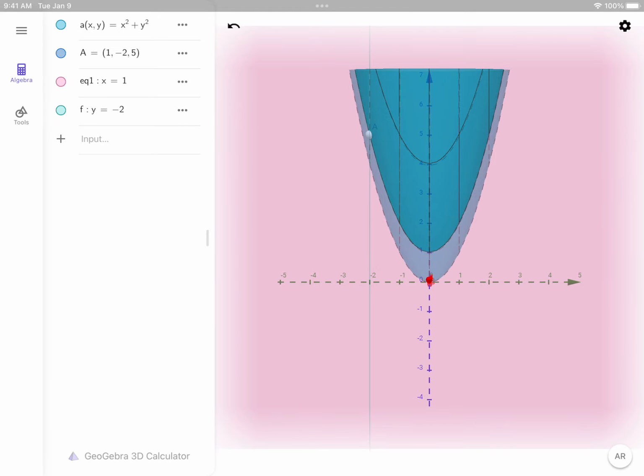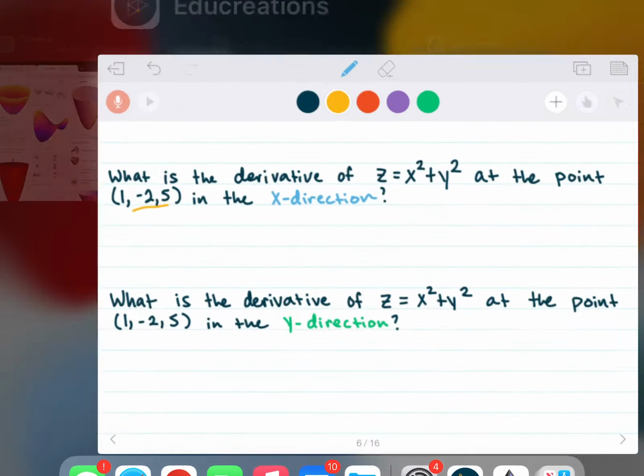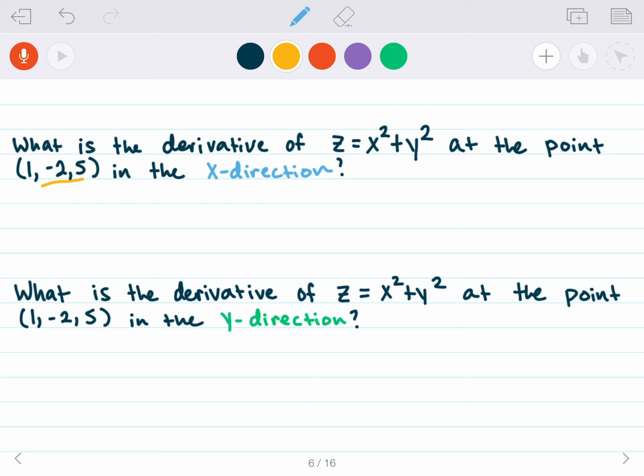So let's go ahead and look at this algebraically. What we're going to do to find the derivative in the x direction is we're going to fix y, right? And y is given to be -2. So if I plug in -2 for y, I'm fixing it.